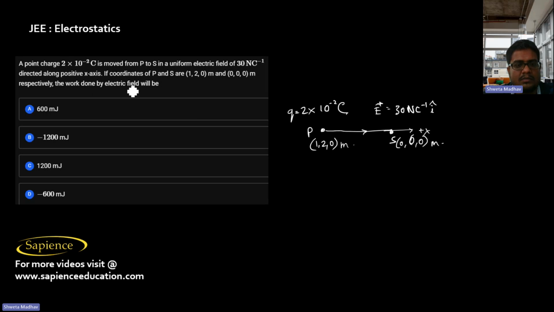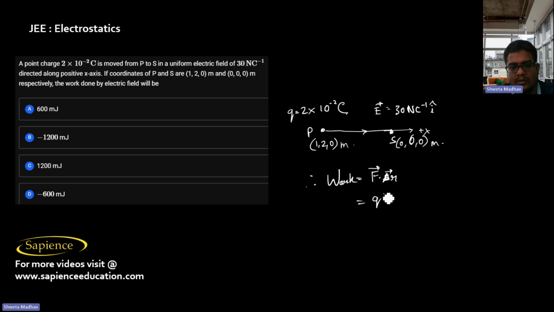So the work done by the electric field will be force into displacement, that is, force dot delta R vector.